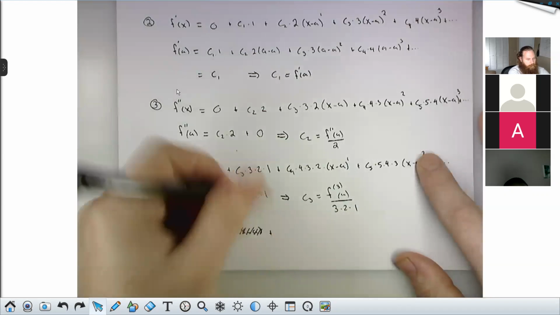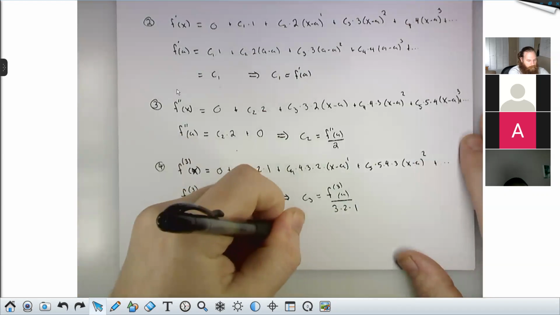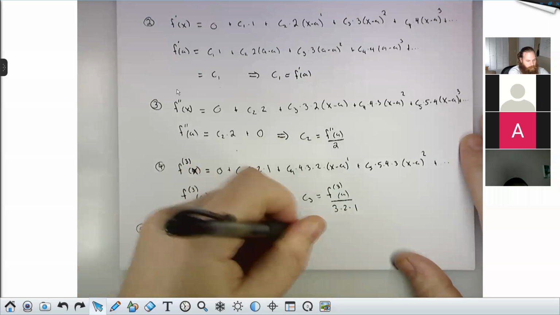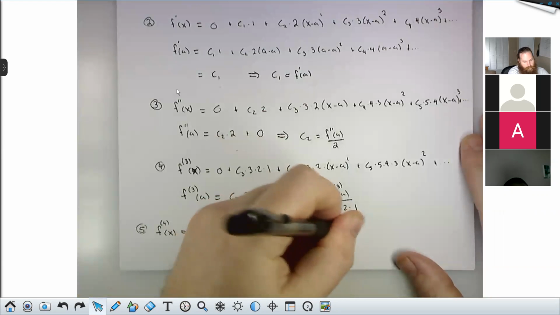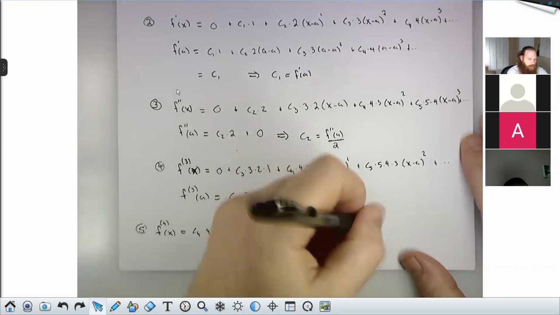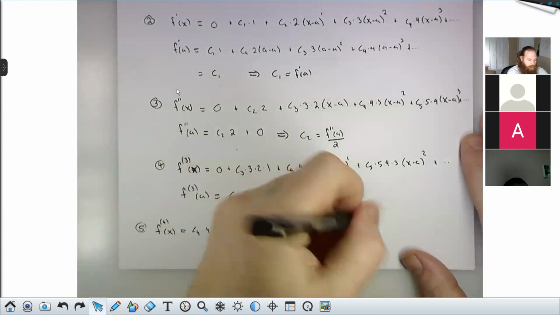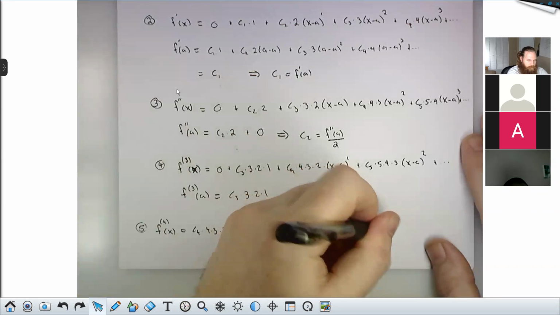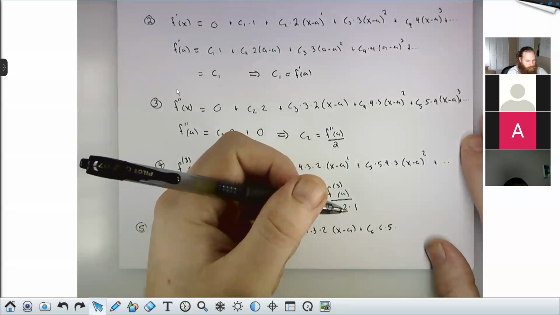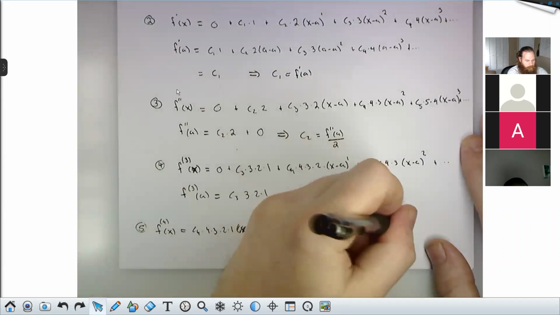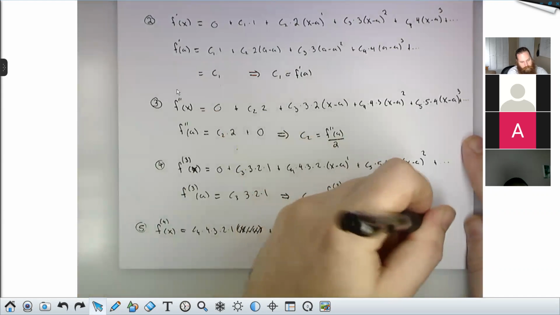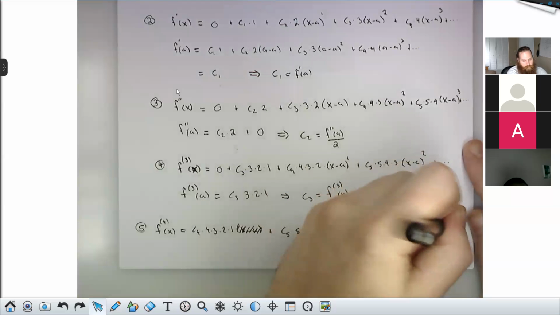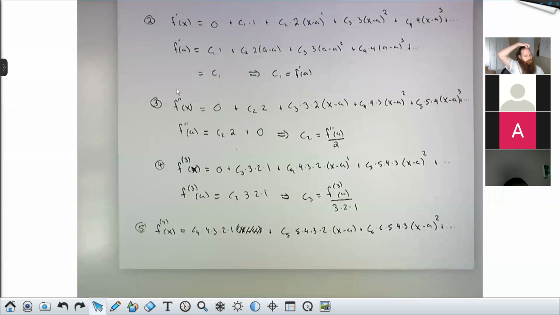And then the c5 piece will be c5 times 5 times 4 times 3 times 2 times (x minus a). The next term would look like c6 times 6 times 5 times 4 times 3 times (x minus a) squared, and so on.